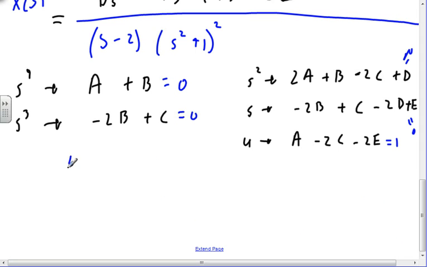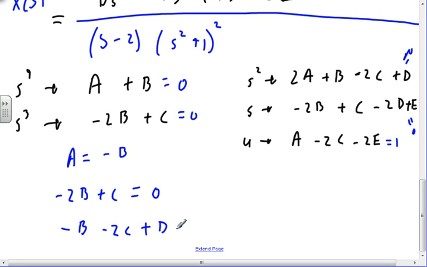Okay, now, if we let A equal minus B, then we're going to have 4 equations, 4 unknowns, and we can use our 4 equation, 4 unknown solver. Okay, so I got 2B plus C is equal to 0. I have B minus 2C plus D is equal to 0.